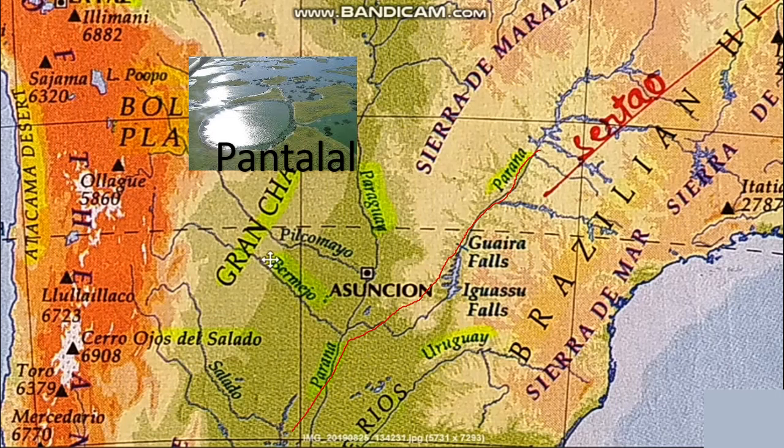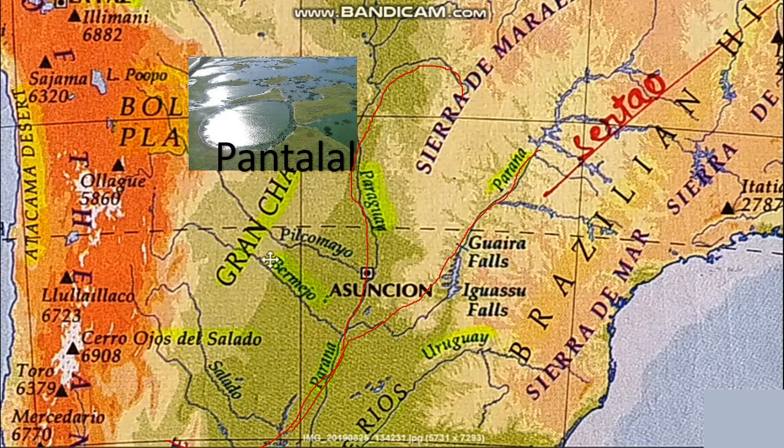And we see that the Paraguay river flows from Mato Grosso. These are the two rivers flowing to the south of Brazil, which meet together, and both rivers flow to the southwestern part of Brazil and go to another country.